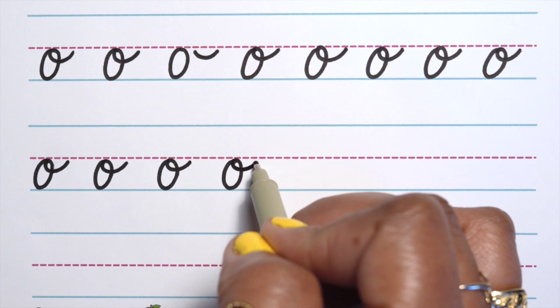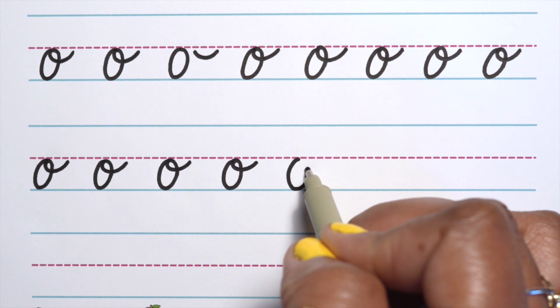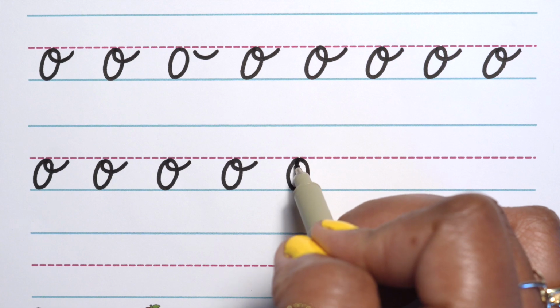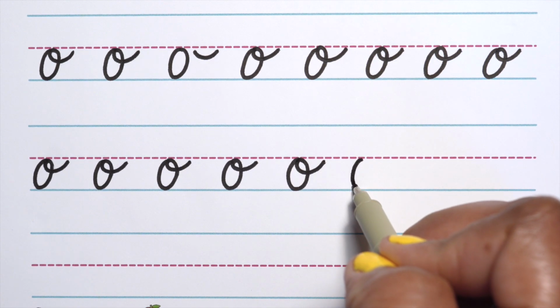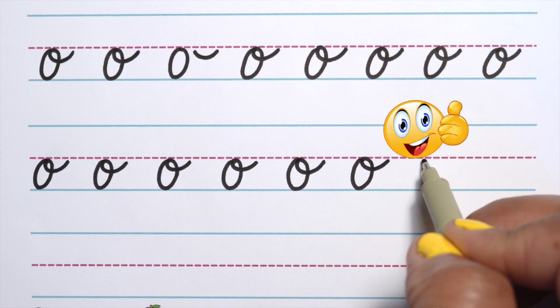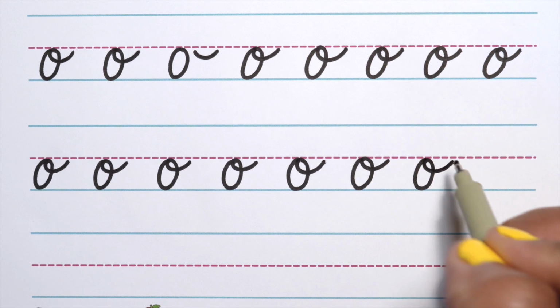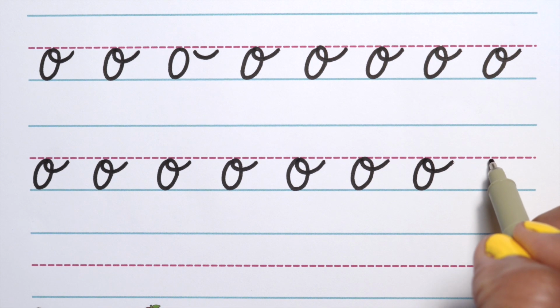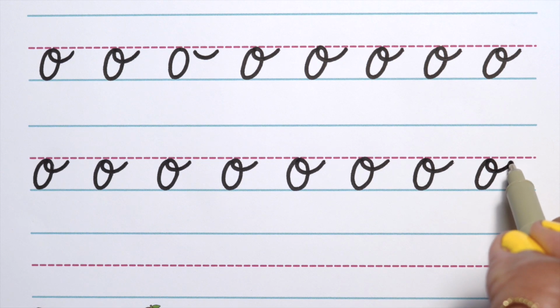Starting right up there at that red dotted line. Connect. As soon as you connect, bring it back out. Connect, swing that smile out. 2 more times. And let's make it good. Great job.